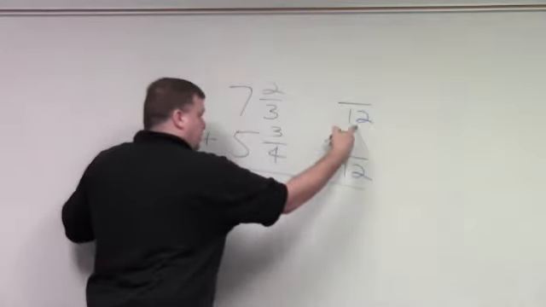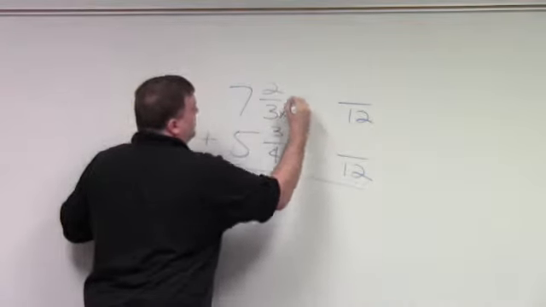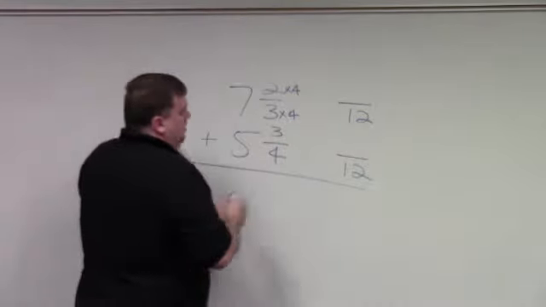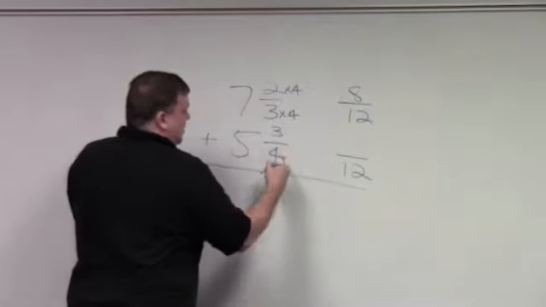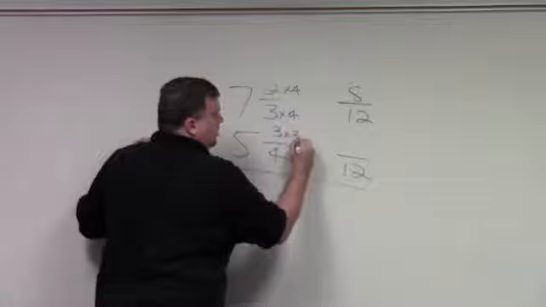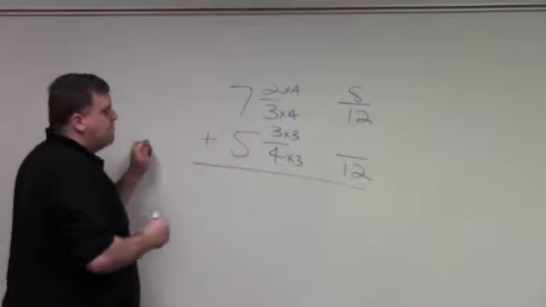What times 3 gives me 12? 4. So we're going to multiply the top also by 4. 2 times 4 is 8, correct? 4 times what gives me 12? 3. So I'm going to multiply that 3 on top by 3 as well, correct?